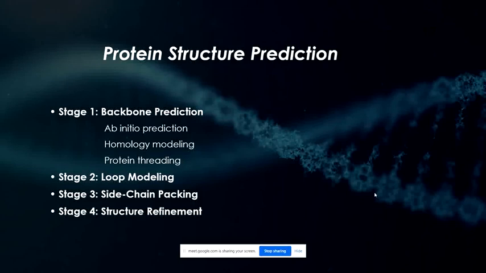And if it finds that yes, they have a similar sequence, then it is going to assume that if the sequence is similar, then the structure is going to be similar, because everyone follows the what? Structure activity relationship. That is, if the structure is similar, the activity will be similar.